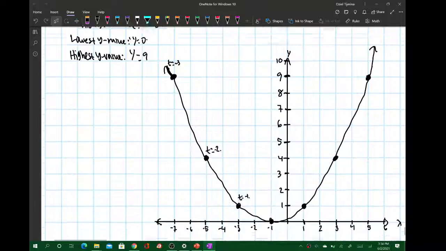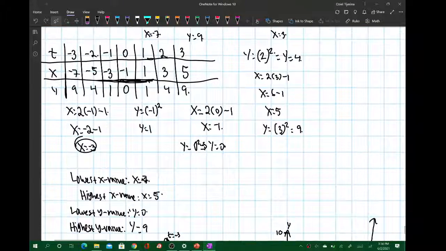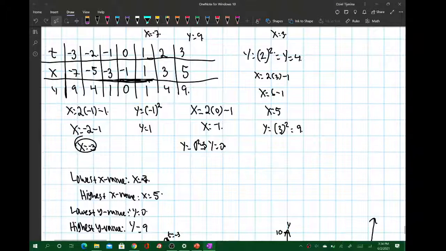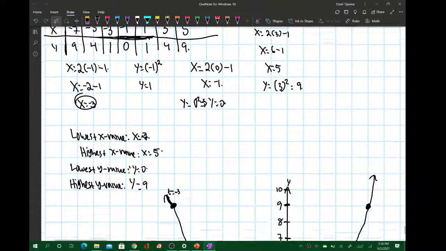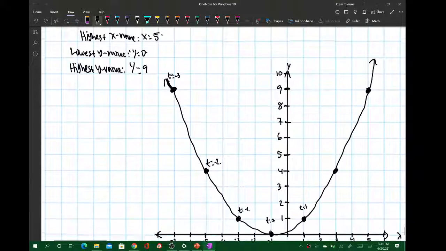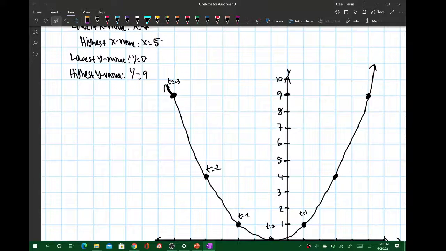At x equals 1, t was 1. And at t equals 2, x was 3.